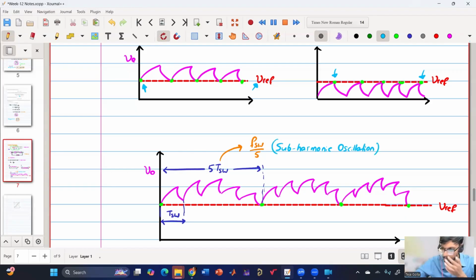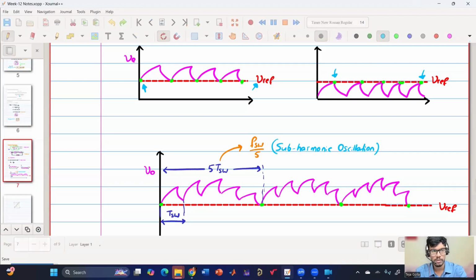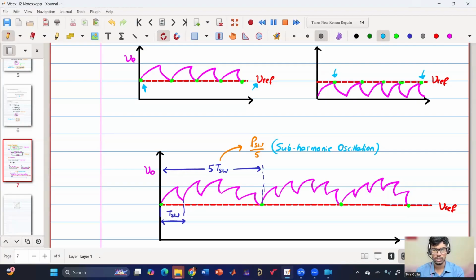So if you sample fewer samples per cycle, or I would say once in more number of cycles, then that will lead to subharmonic oscillations. I feel I could make you understand what subharmonic oscillations are from this figure.